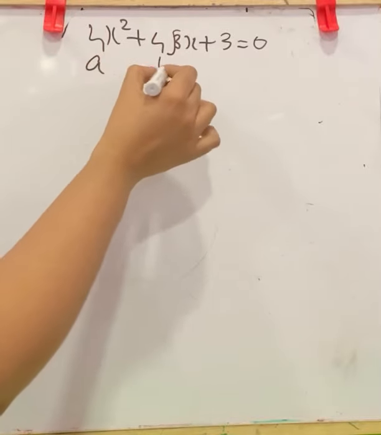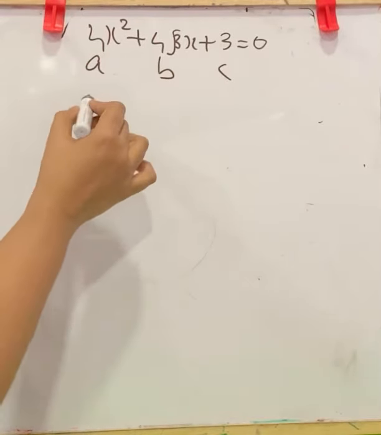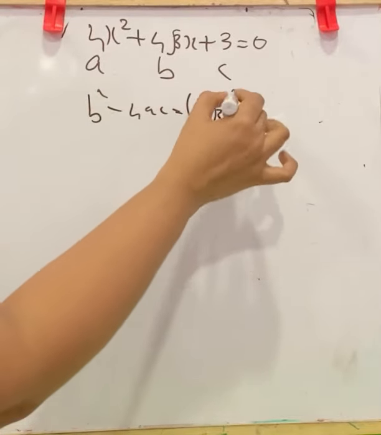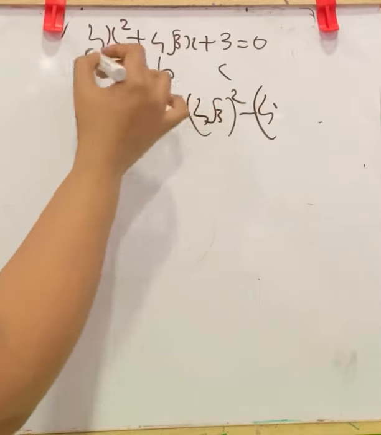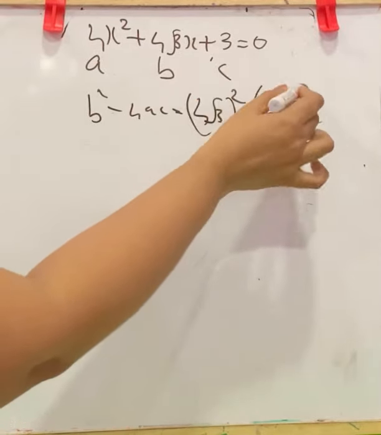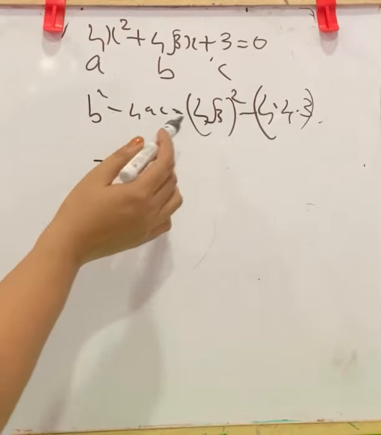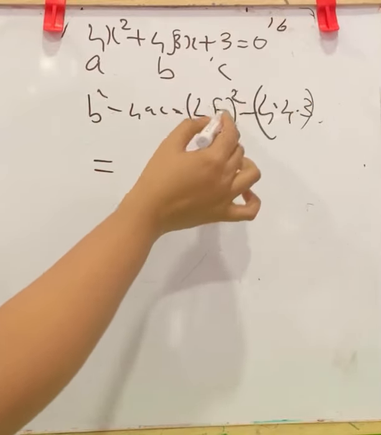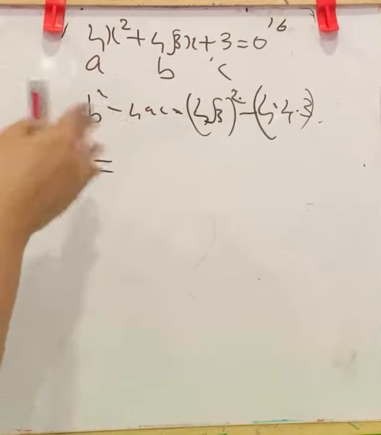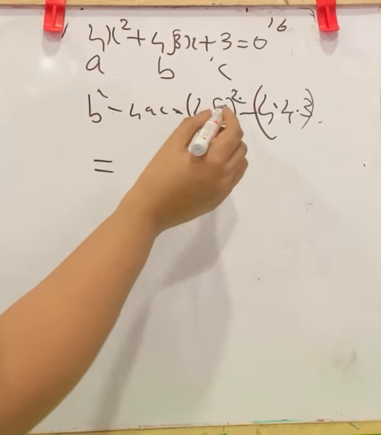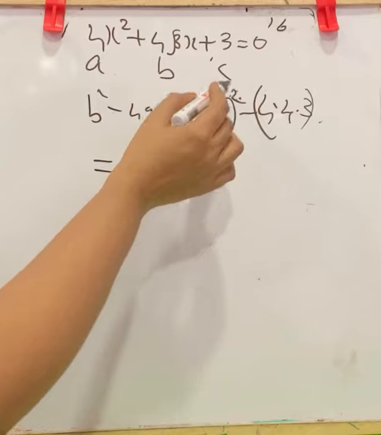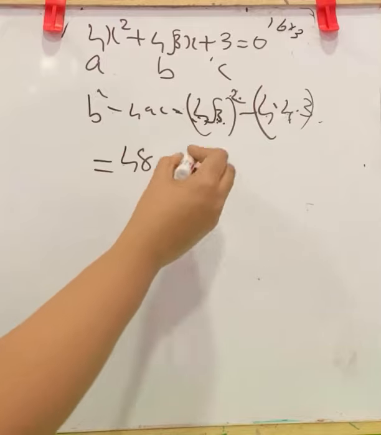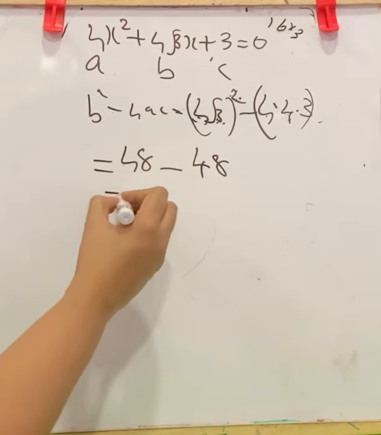Now a is 4, b is 4 root 3, c is 3. b square minus 4ac equals 4 root 3 whole square minus 4 into a, which is 4, into c, which is 3. 4 root 3 square is 4 square and root 3 square. 4 square is 16, and root x square is x, so root 3 square is 3. 16 into 3 is 48, minus 4 4s are 16, 16 3s are again 48. So 48 minus 48 is 0.